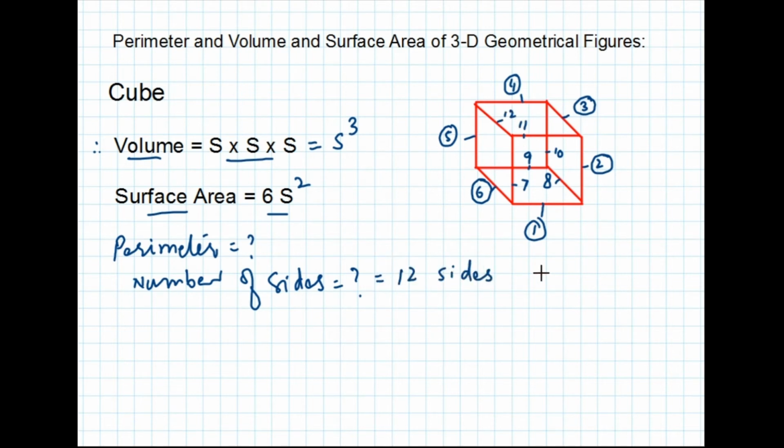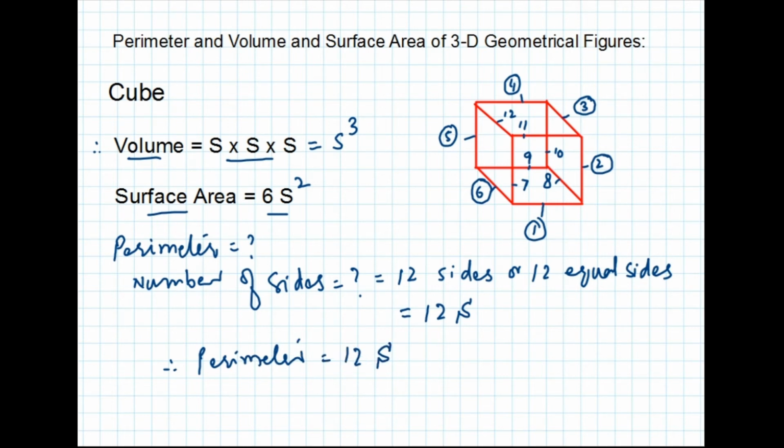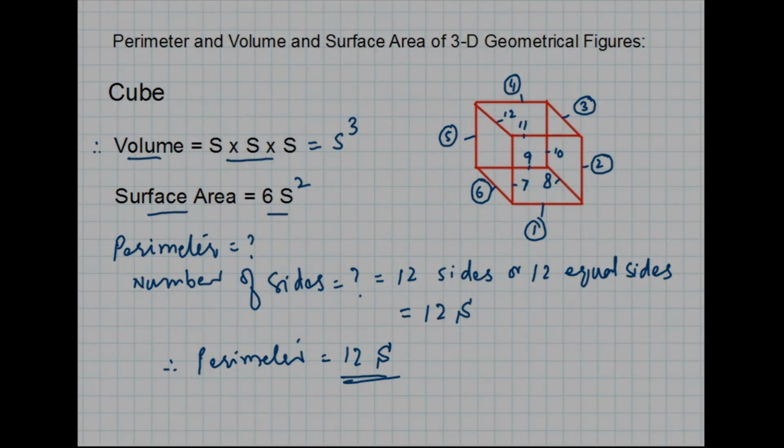Therefore, there are 12 sides, or in other words 12 equal sides. So perimeter of cube is equal to 12s, or in other words 12 equal sides because of cube. So perimeter of cube is equal to 12s.